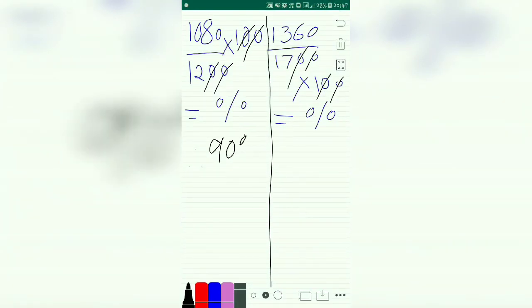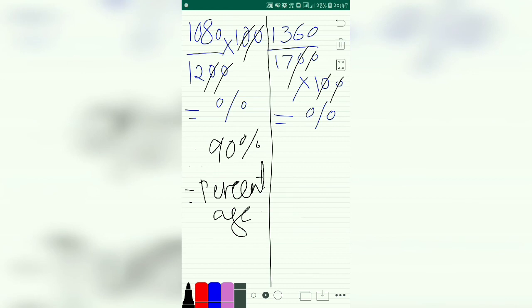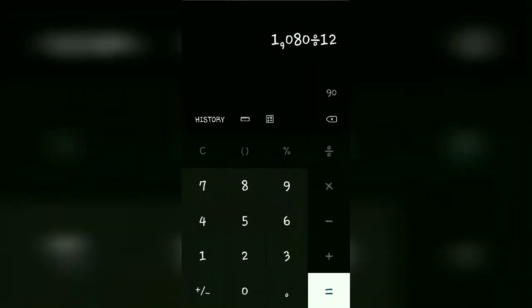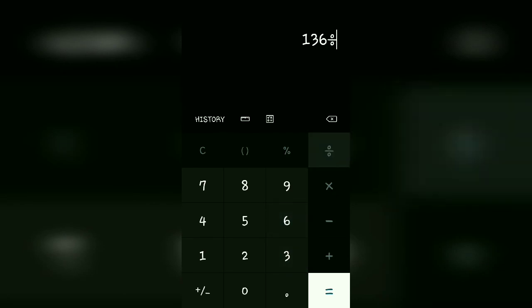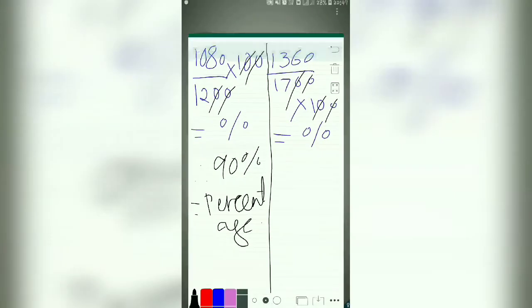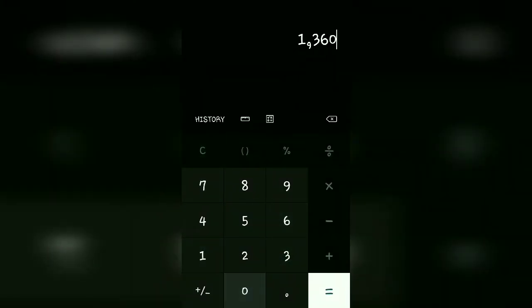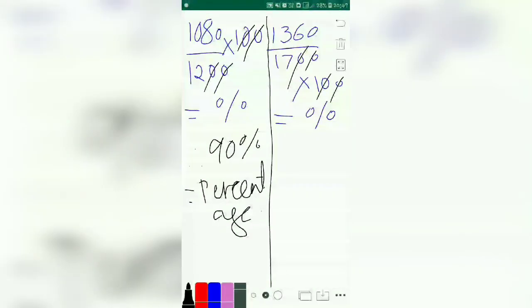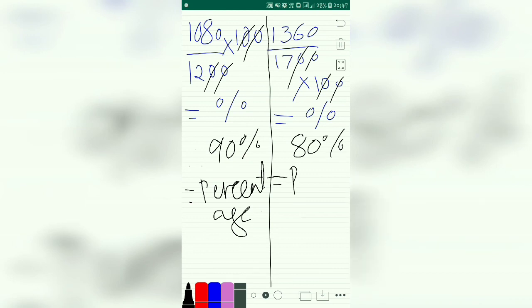Therefore 90% is equal to percentage. 1360 by 17. 1360 divided by 17 is 80. Percentage.